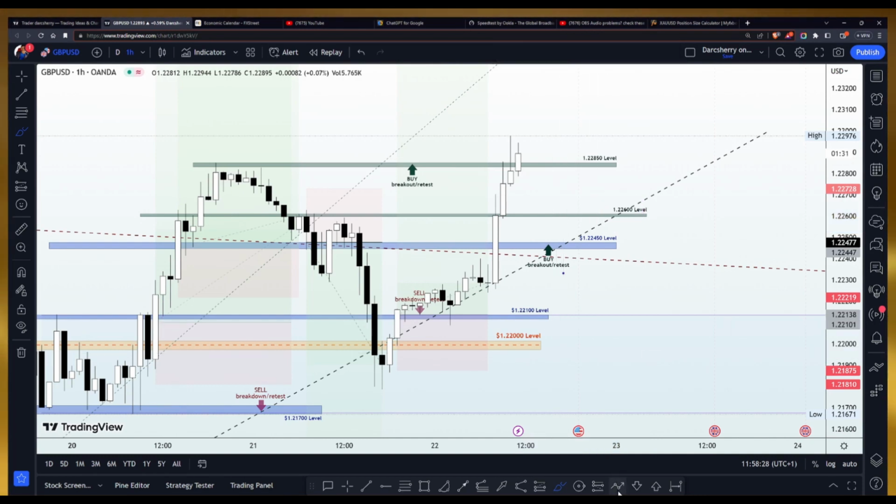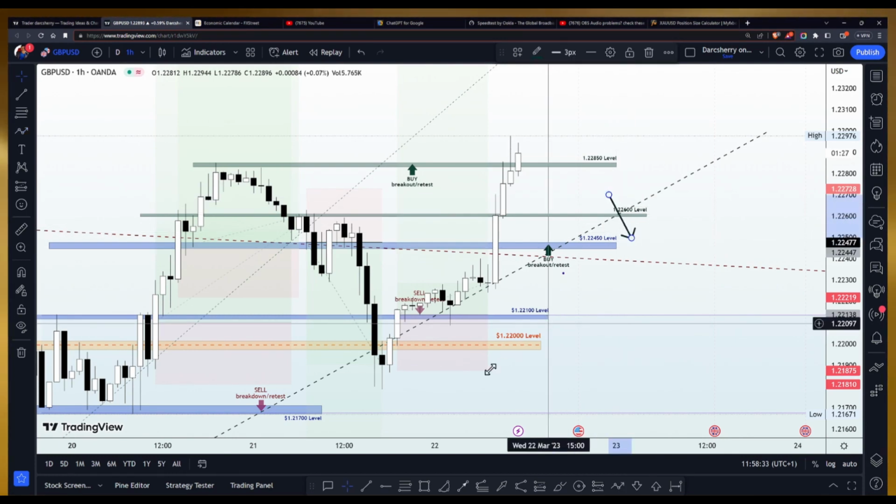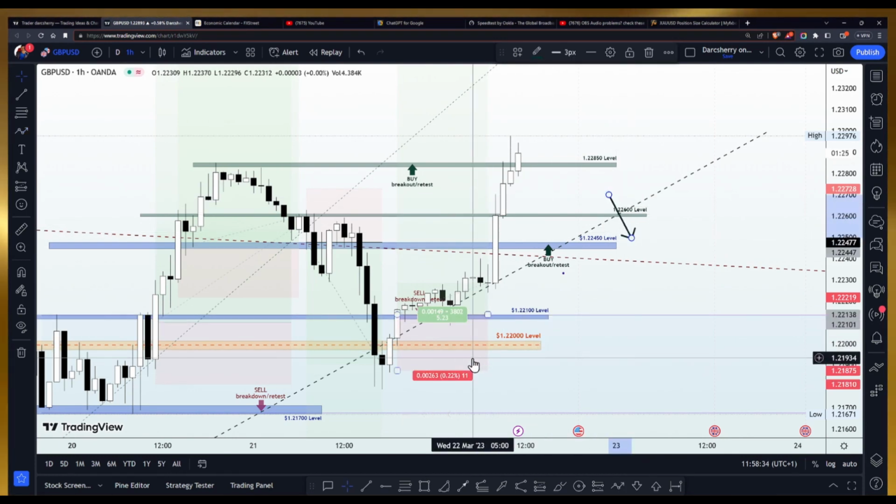However, if price action breaks down the 1.22600 level, remember that level shares a confluence with our bullish trend line. And recall that the bullish trend line here is our yardstick for trading activity for this week. So if we get the bullish trend line broken to the downside, then we might likely be seeing an opportunity to sell the GBPUSD.